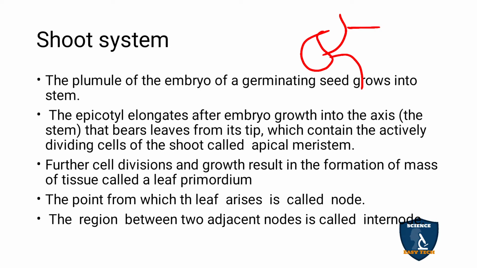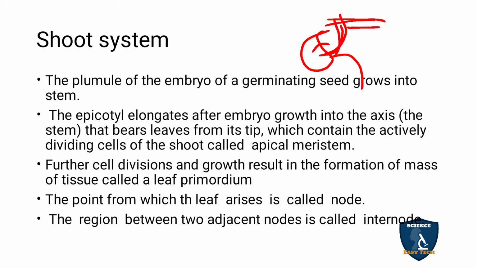This is the plumule, and you can see the epicotyl region at the tip of the plumule, which helps in the formation of the apical meristem. The cells go on dividing and form new cells. Due to the formation of new cells, growth is seen in the shoot system.